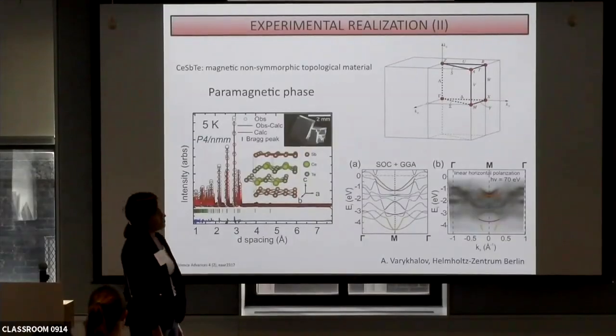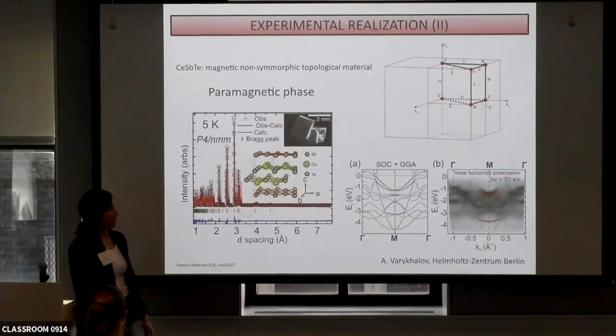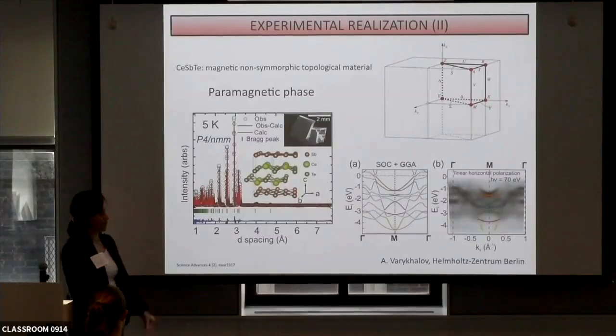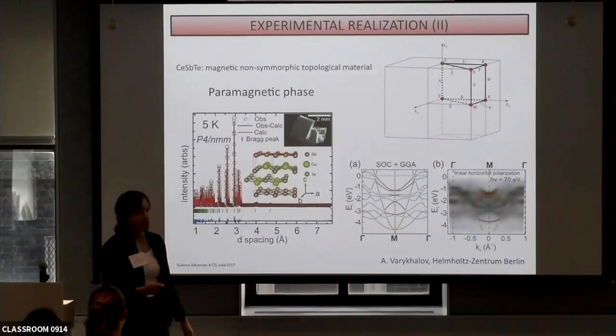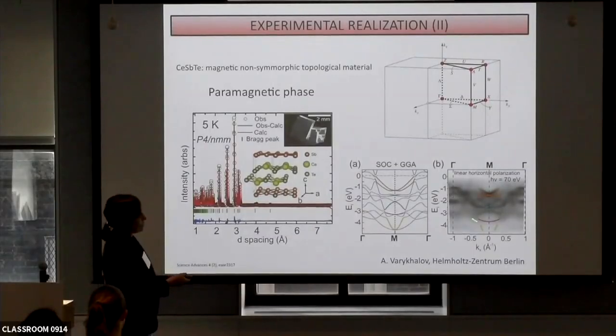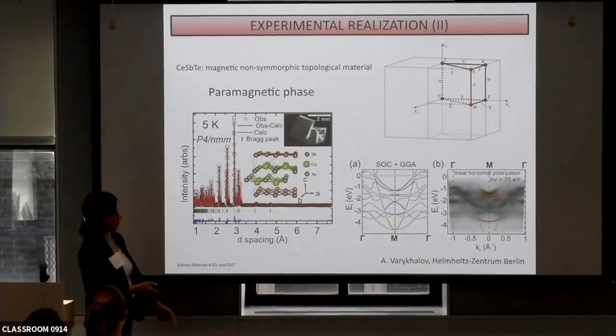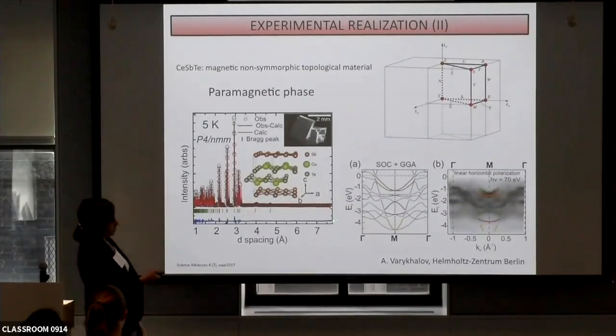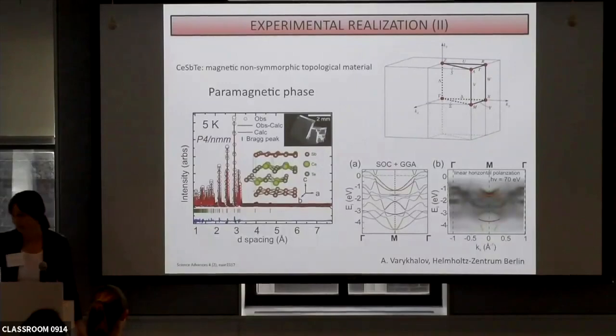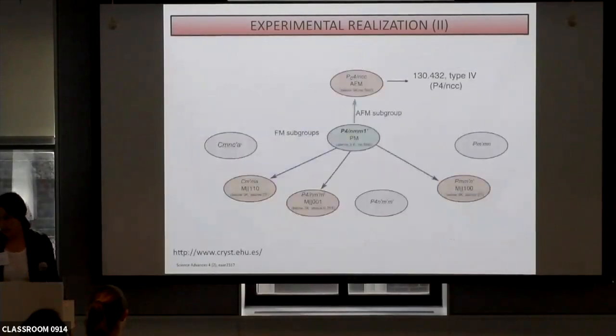So the first thing we did was to calculate the band structure with DFT, with different pseudo-potentials and different ways of adding the F electron to the material, and compare it with ARPES data. And we see that when we add the F electrons to the core of the pseudo-potential, we remove them from the valence band, we find a very nice agreement between DFT and ARPES. This is because it's a Kondo-based magnetic material.